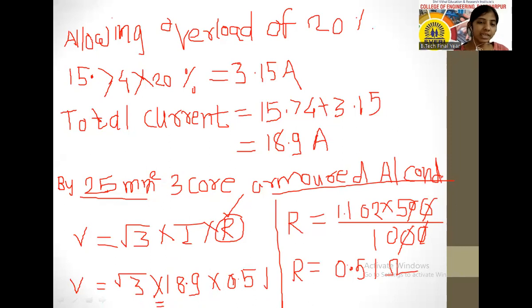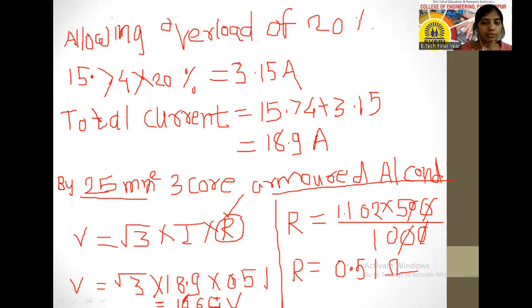Root 3 multiplied by 18.9 multiplied by 0.51 is 16.69 volt.